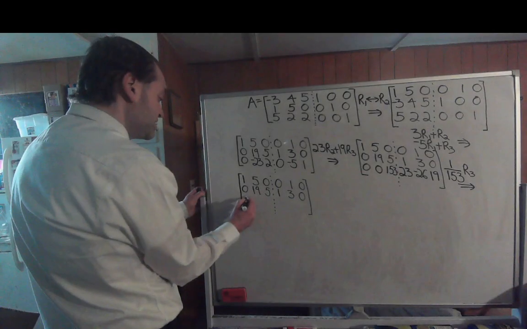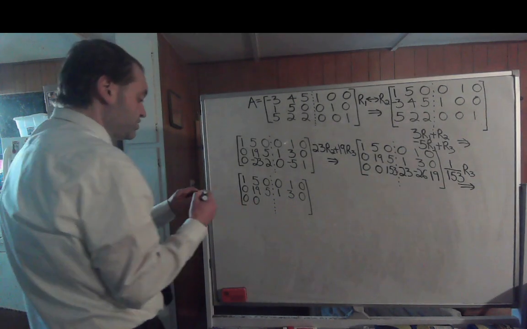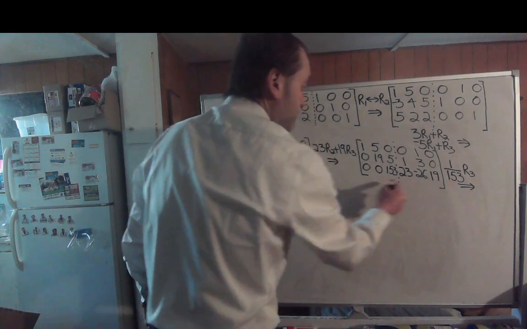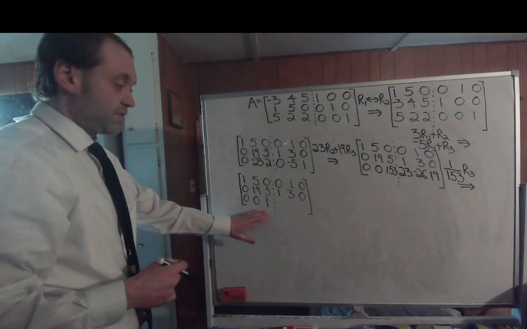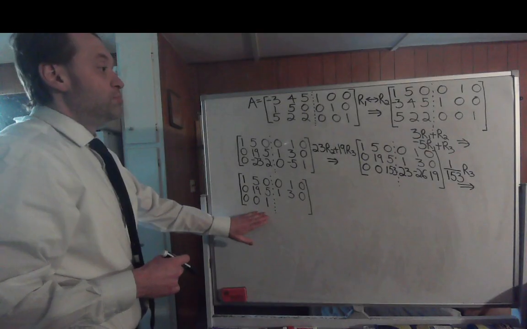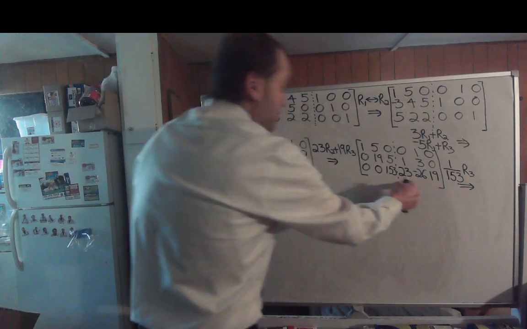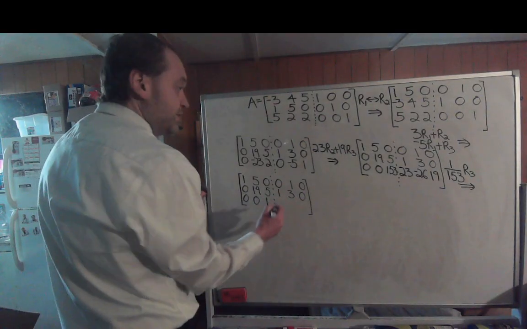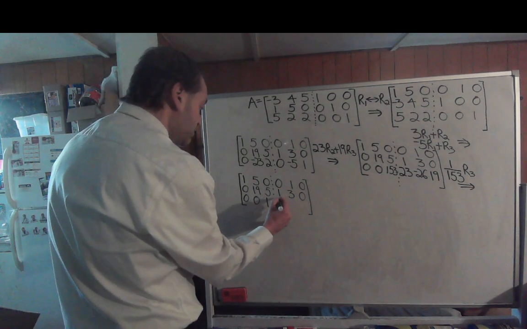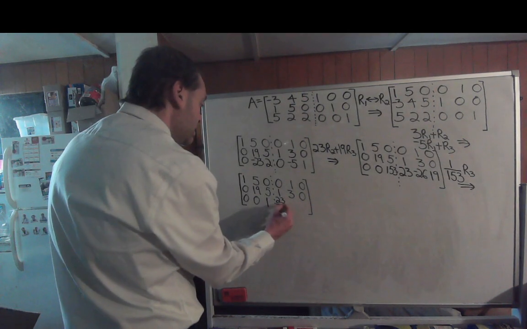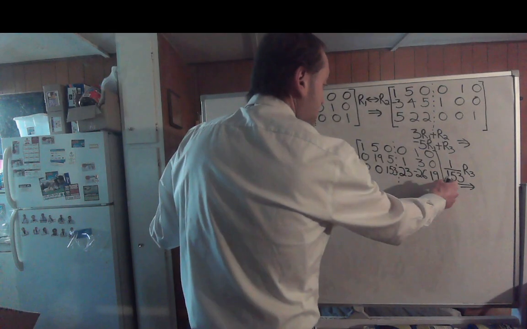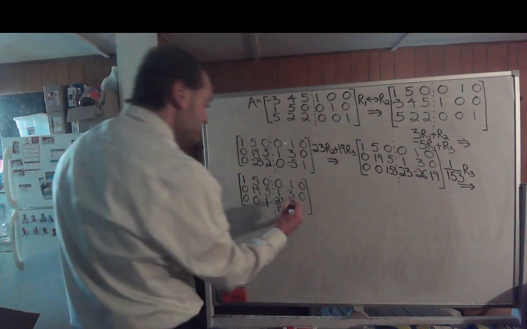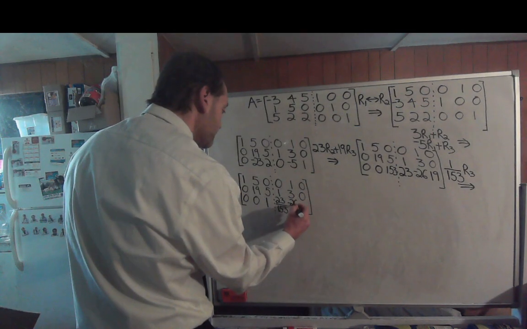Row 3, so you still have 0 and 0 for the first two entries. 1 over 153 times 153 is 1. So now we have a leading 1 in the third row. But 1 over 153 times 23, they're not divisible by each other, so you'll just end up getting 23 over 153. 1 over 153 times negative 26 would give you negative 26 over 153.